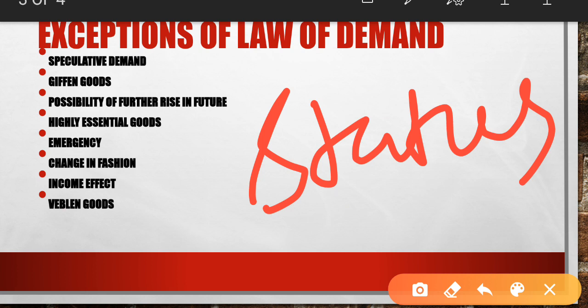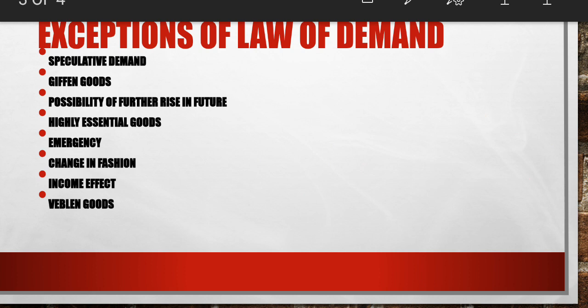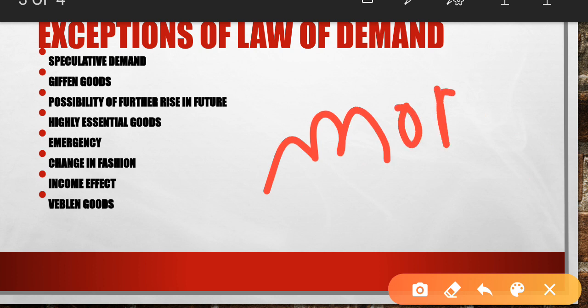I'm talking about the high level of society now. Suppose the diamond price has gone high, but to show your status you will still purchase more. It is becoming more costly, you will purchase more. Why? Because you want to show your status, because these are the things which are your status symbol, right?